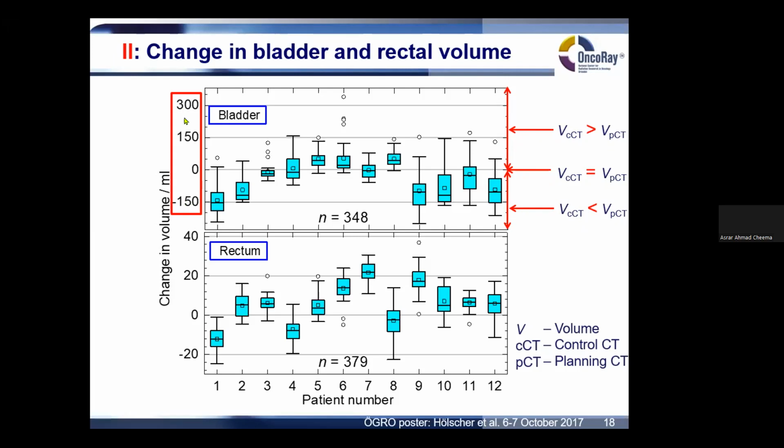And from the range of bladder filling variation and the range of rectal filling variation, we can see that rectal filling variations were much smaller. They were more reproducible as compared to the bladder filling variations because of the use of rectal balloon.